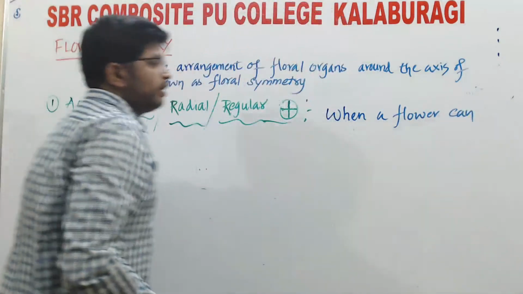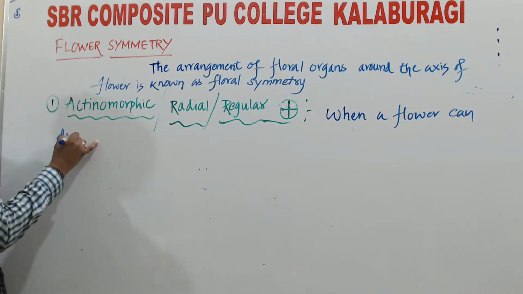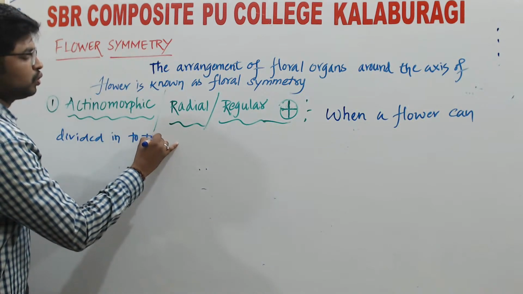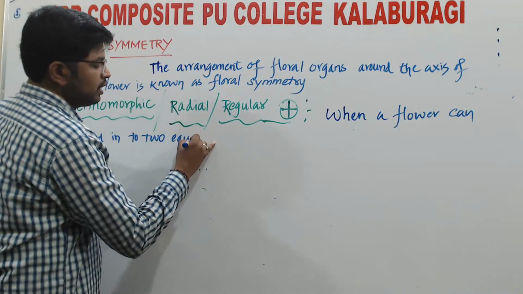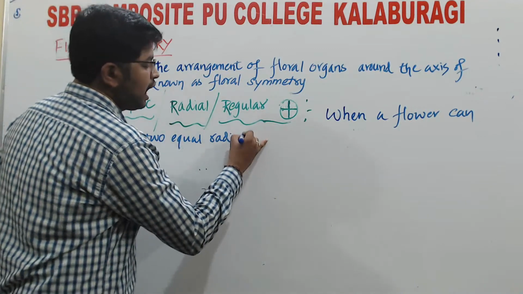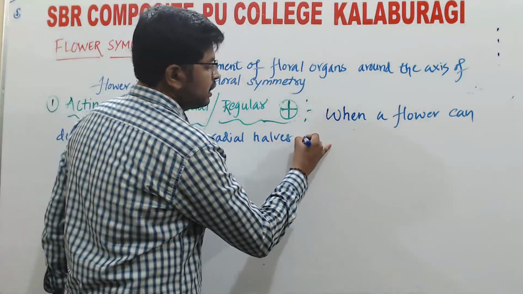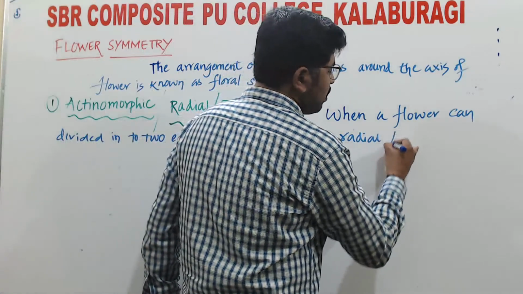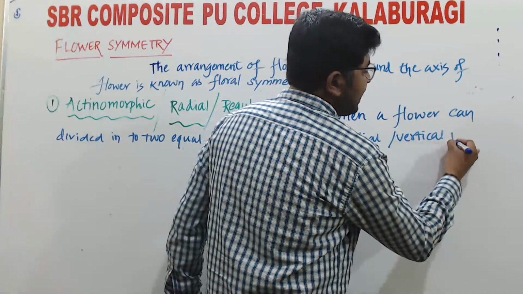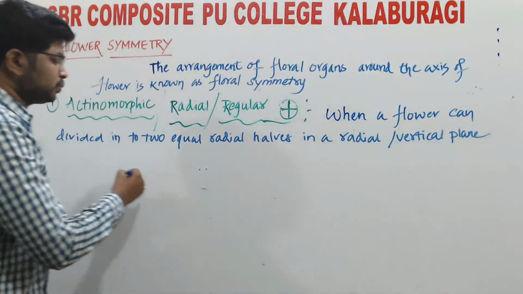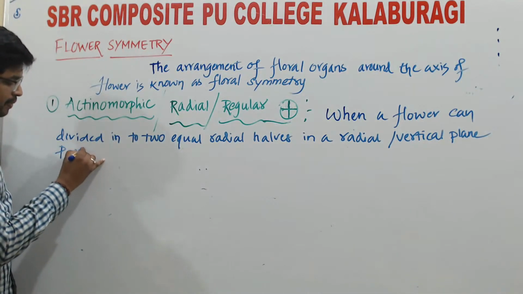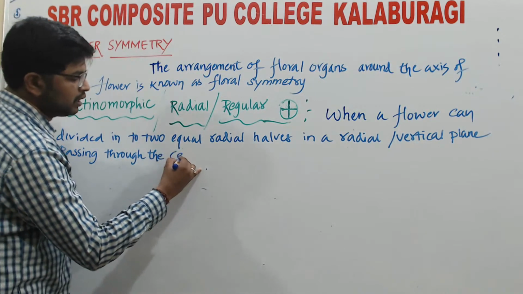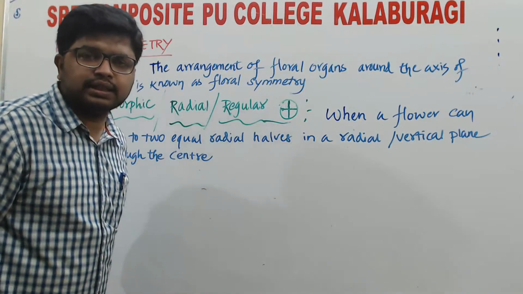When a flower can be divided into two equal radial halves in any radial or vertical plane passing through the center, we call it actinomorphic.